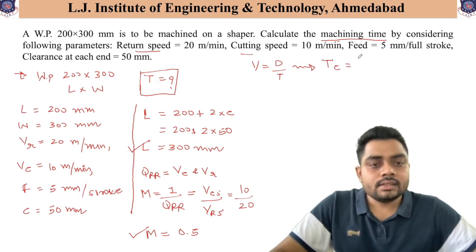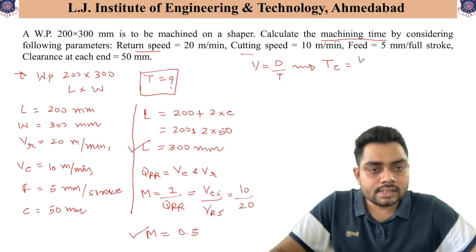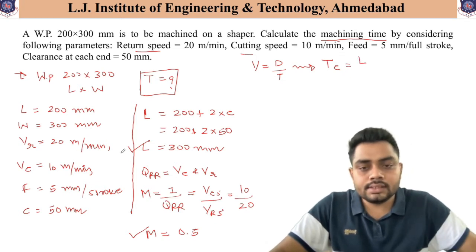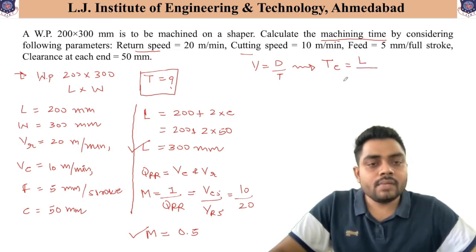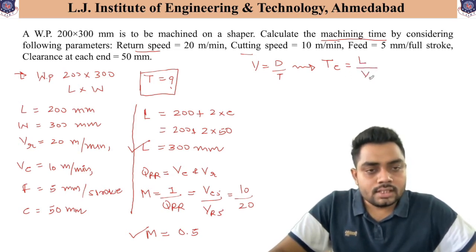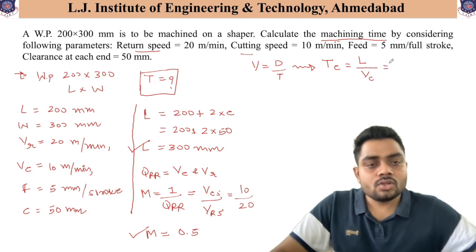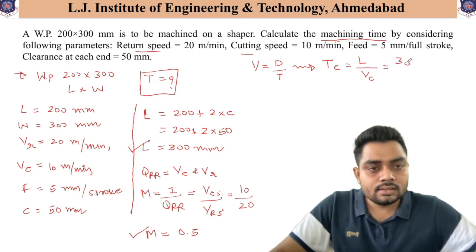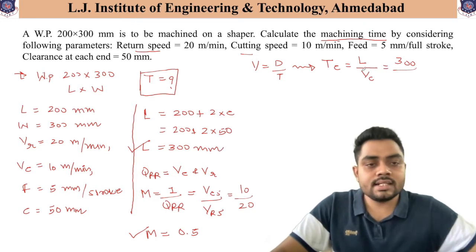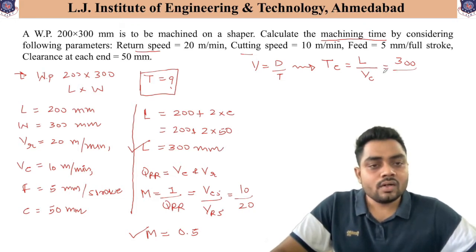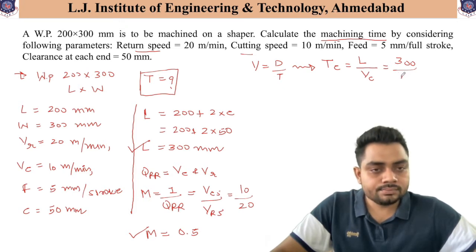Cutting time is nothing but the total distance traveled by the tool, that is L, divided by the cutting velocity that is already given. So L is 300, which we got by adding the clearance, and the cutting speed given is 10.